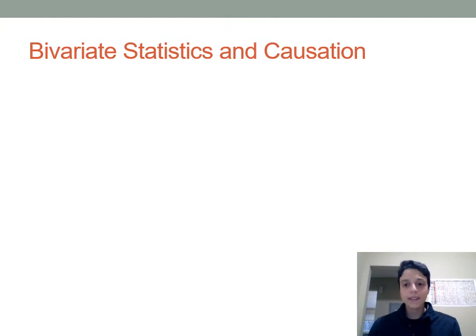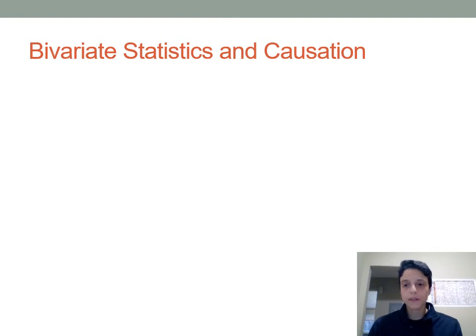So the last thing I want to leave you with here is in interpreting your measures of association. So whether you're doing a chi-square test or a correlation, you're getting some sort of measure of association between variables.